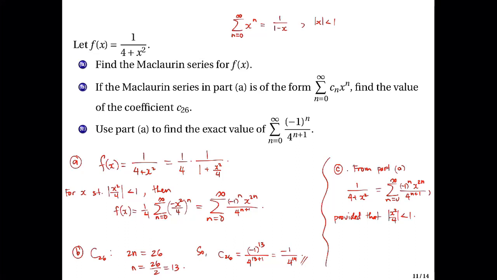So we can take x equals 1. Taking x equals 1, we get 1/4 on the left, which is the sum of negative 1 to the n over 4 raised to n plus 1, from 0 to plus infinity. So this sum is equal to 1/4. So this is what we need.